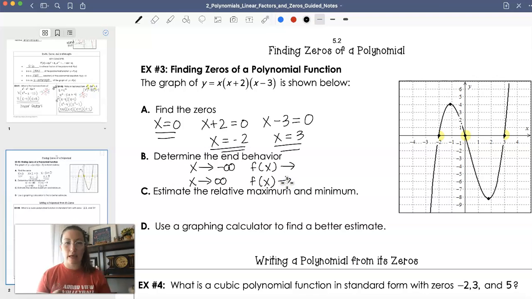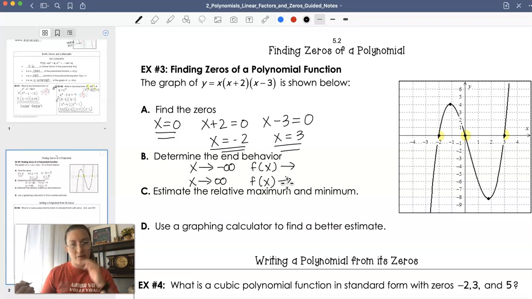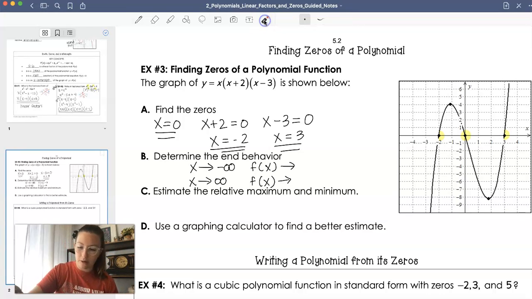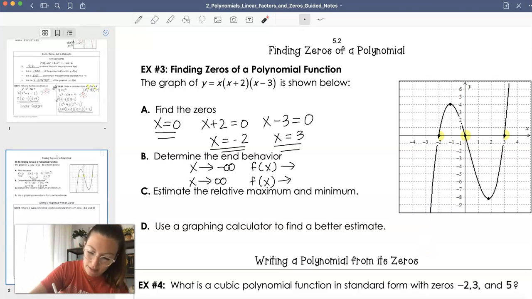As x moves towards negative infinity, where is your y going? As x moves towards positive infinity, where is your y going? So here, x is moving towards negative infinity, so it's moving this direction. As x moves this direction, my y is going down, so my y would be approaching negative infinity.